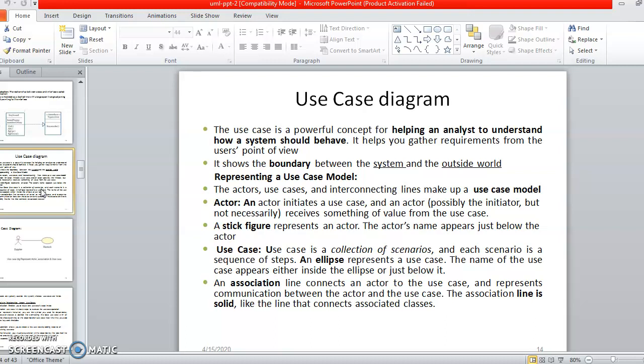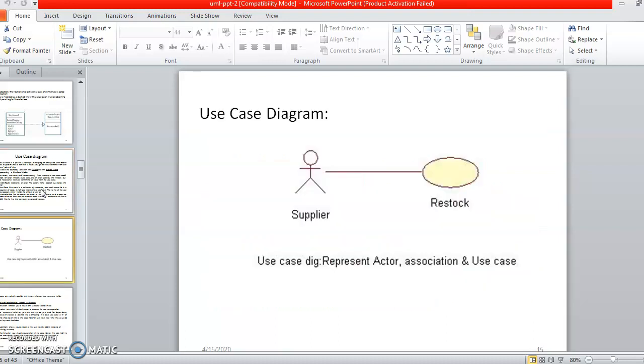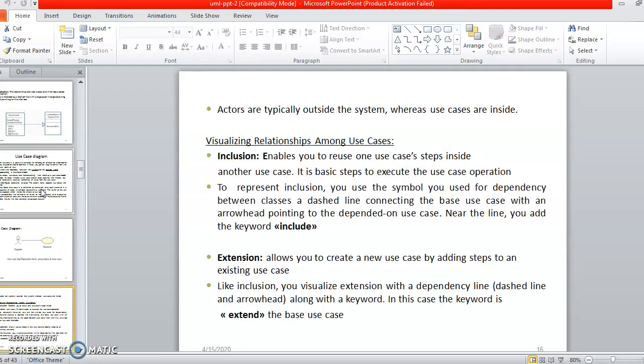Next one is association, or you can say relationship or connection between actor and use case. A line connects an actor to the use case and represents communication between them. This line is solid, like the line that connects associated classes. This figure shows a use case diagram. Supplier is there, then restock is there.